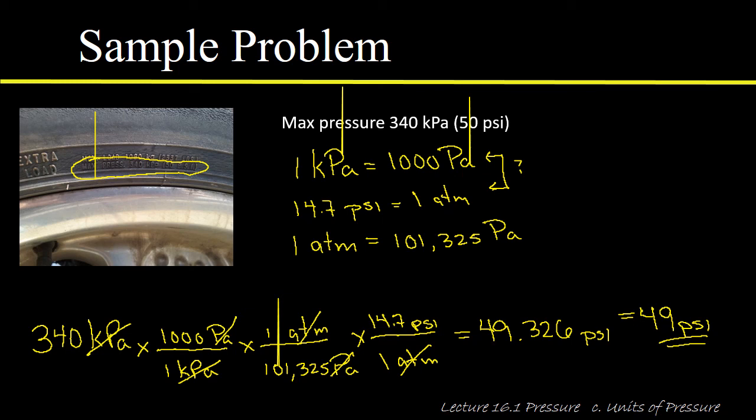So 49 PSI is actually a little more correct than 50, but they're essentially the same thing. So the numbers on the tire are essentially correct. And they provided us with a little bit of extra fun. Can't beat that.